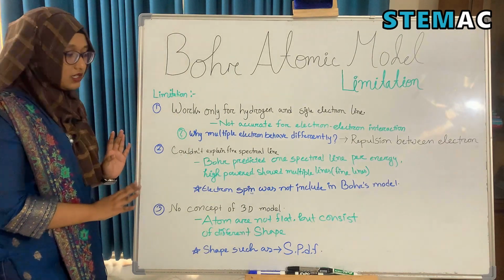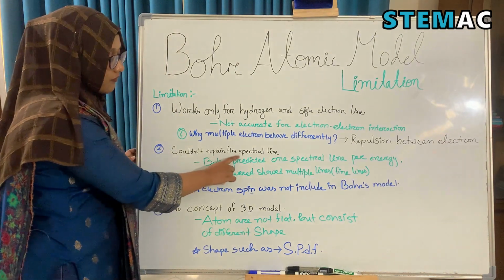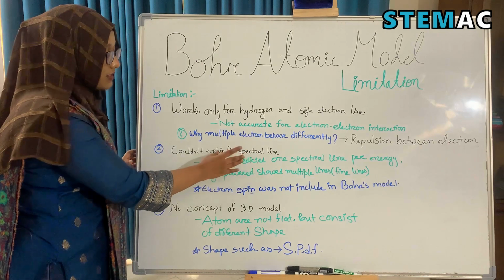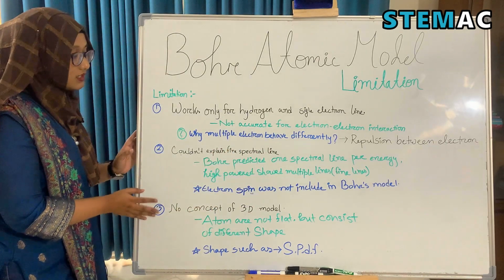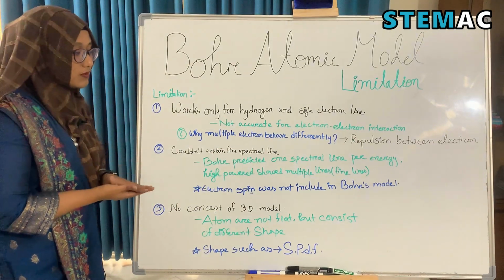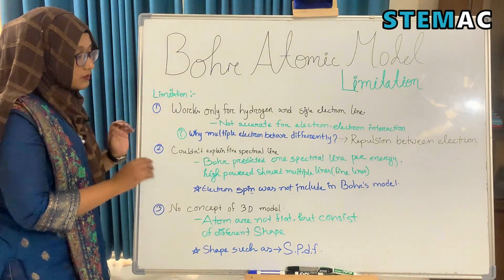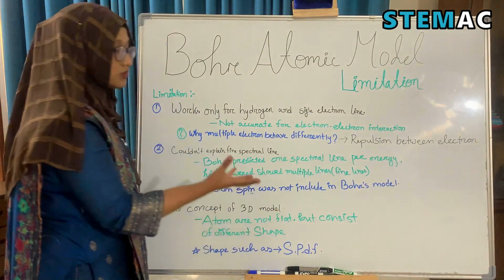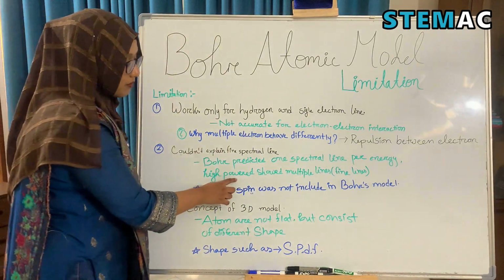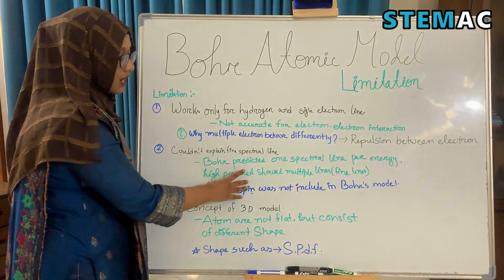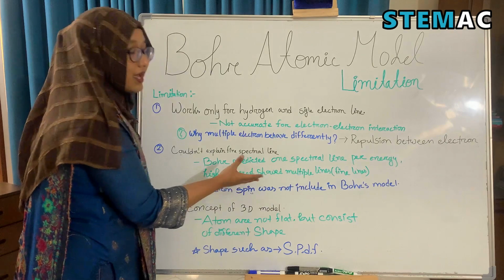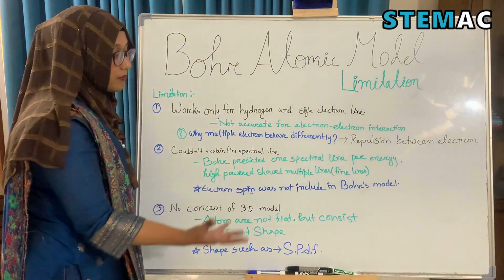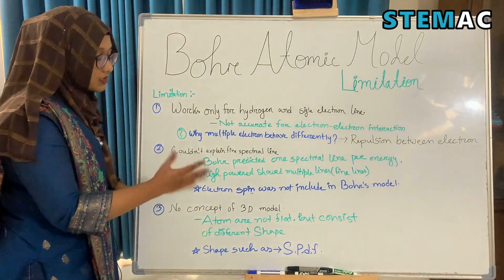Secondly, it could not explain fine spectral lines. Bohr predicted one spectral line per energy level, which works for hydrogen, but he could not explain why electrons show multiple lines, the fine lines.